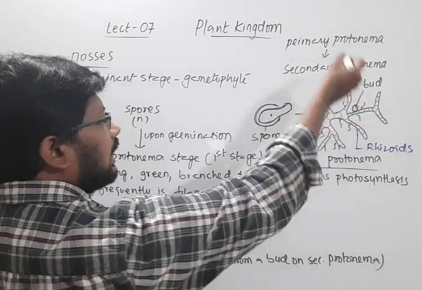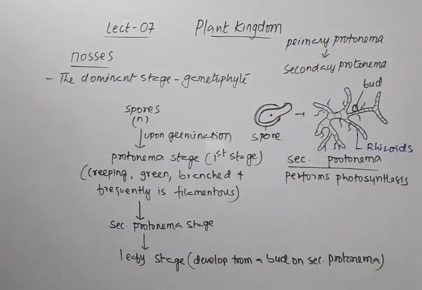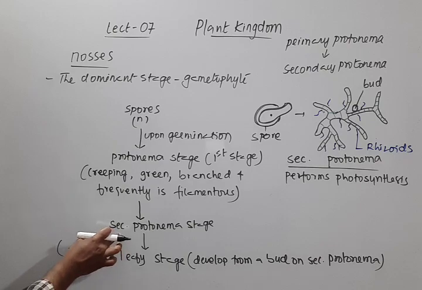So this bud now develops into the leafy stage, right? So this is the second stage. The first stage is the protonema stage, and the second stage is the leafy stage. And this leafy stage actually develops from a bud on the secondary protonema.